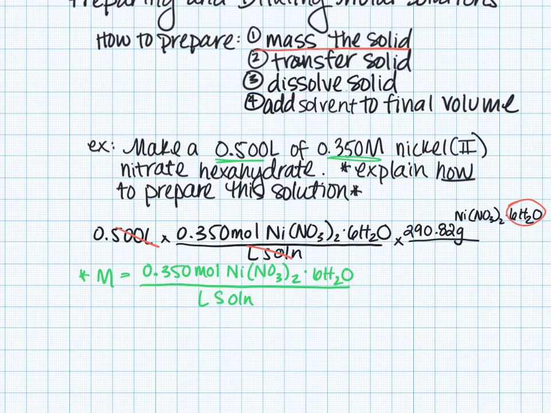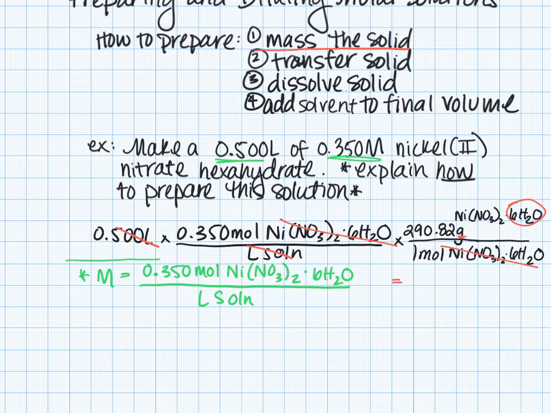So you do need to find the molar mass of water, multiply it by 6, and then add that to the overall molar mass of nickel(II) nitrate hexahydrate over 1 mole nickel(II) nitrate hexahydrate. Okay, let's make sure these cancel. I'm left with grams.